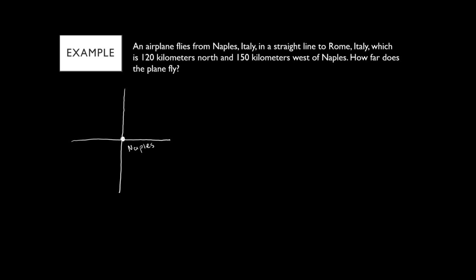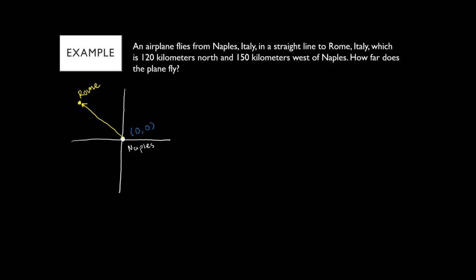And then we're flying to Rome, which is north and west. So I will just stick Rome right here. And so our plane is flying towards Rome. So we want to find the distance between those two points. So you can look at this and say, well, we set Naples at the origin. So that will be 0, 0.